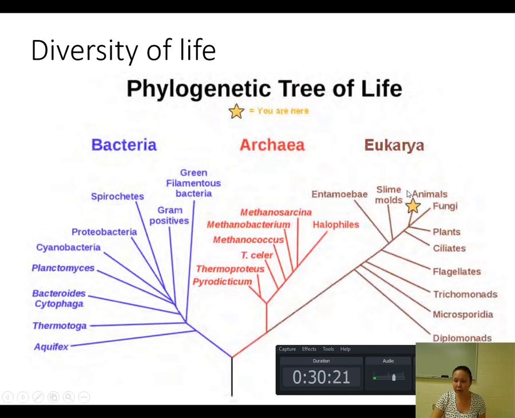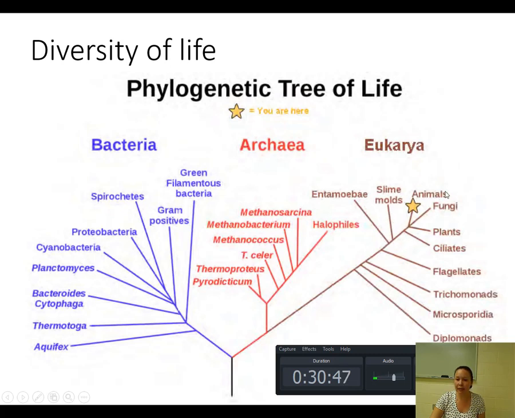And animals, we fall into animals, so we're humans. We fall in right here on this tree of life. A common ancestor is way down here. And then over evolutionary time, going from the bottom to the top is evolutionary time, different lineages split into different branches, and these 3 branches are called the 3 domains of life.